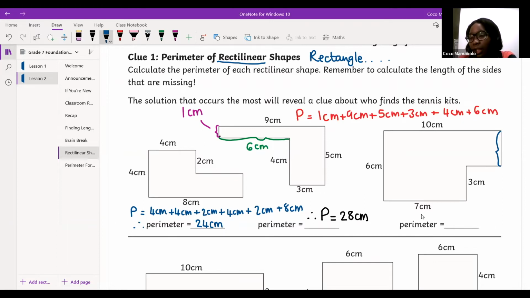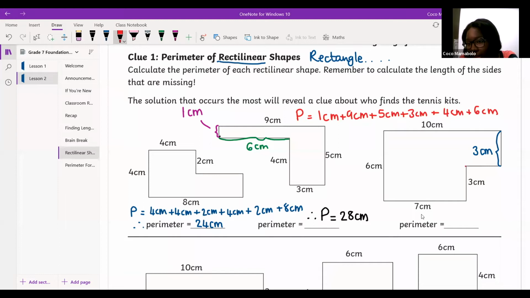How did you get to 3 centimeters though? Ma'am, I saw that the opposite side is 6 centimeters, and then that small side underneath is 3 centimeters. So then you could tell that side is 3 centimeters. Excellent. Yes, ma'am, very well done.